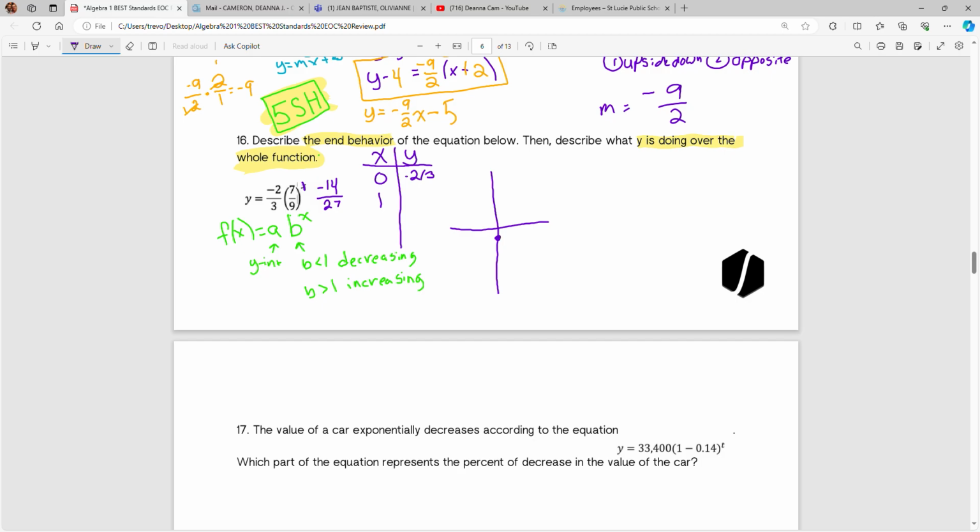but that would be a little bit less negative. So we're coming up like this, a little bit greater. And negative 14 over 27, and clear that out. And when x is 2, so we would square this. So I would put this in on the calculator.